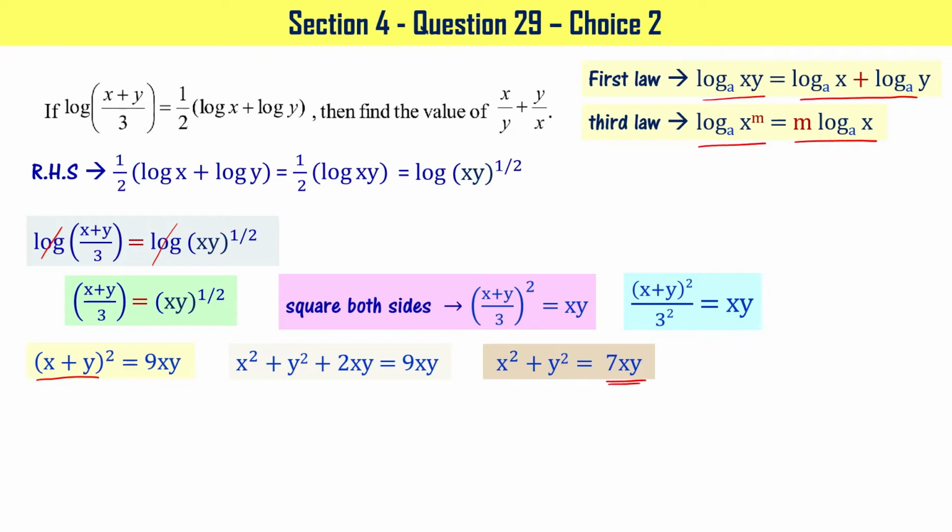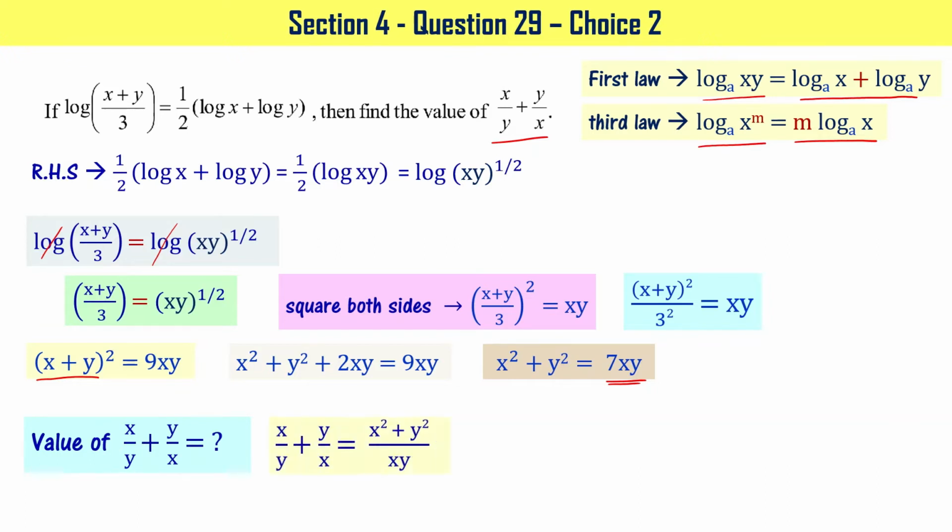Let's note this, x square plus y square equal to 7xy, and go back to the problem given, that is we have to find the value of x by y plus y by x, right? This can be written as (x square plus y square) divided by xy, right?